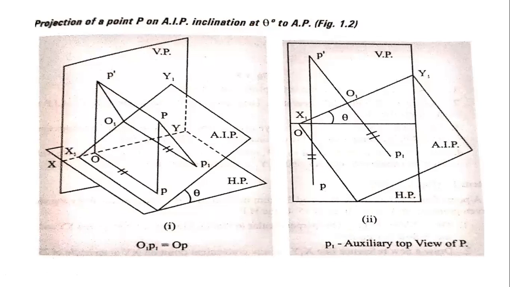Then we will draw an imaginary plane, an inclined plane at an angle theta degree. Now we'll project its front view, and we will measure its distance from the reference line and cut it from the auxiliary inclined plane at the same distance. This is the projection of a point on the AIP.